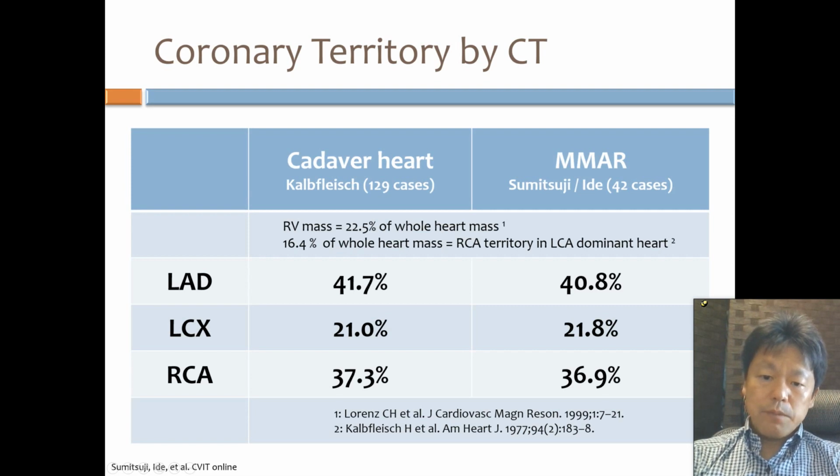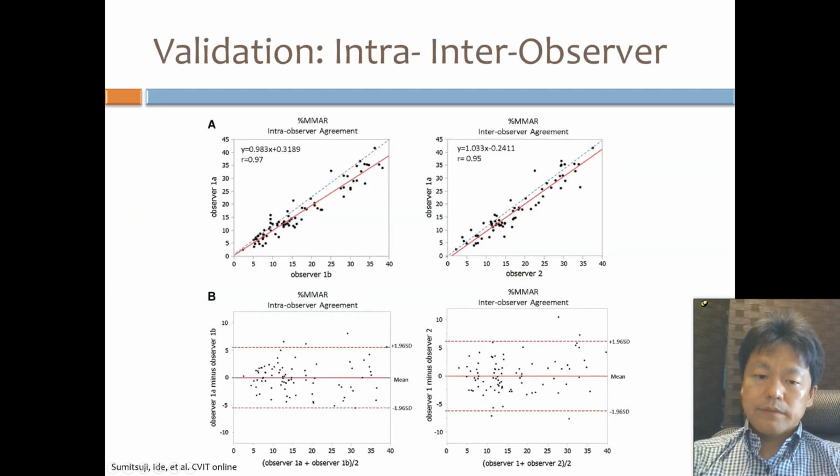LAD was 41.7% with the cadaver heart data and 40.8% with the MMAR data. Circumflex and RCA were very similar. We also did intra- and inter-observer analysis, which shows this is reliable, so anybody can do this analysis.